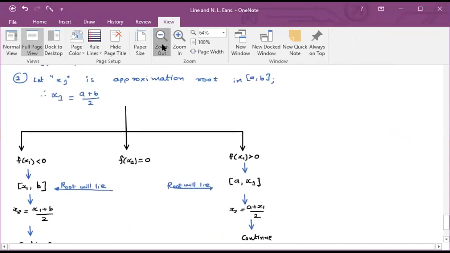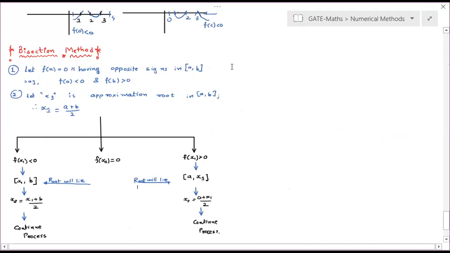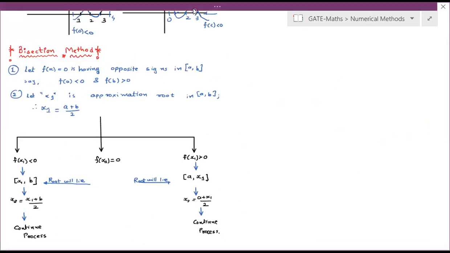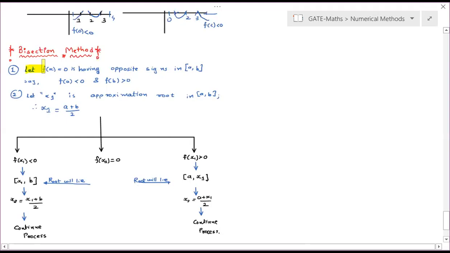See, here you can see this bisection process. I'm repeating this bisection process once again. Understand this process carefully. Your f of x equal to 0 is your linear or non-linear equation having opposite signs between a and b, which we saw yesterday.